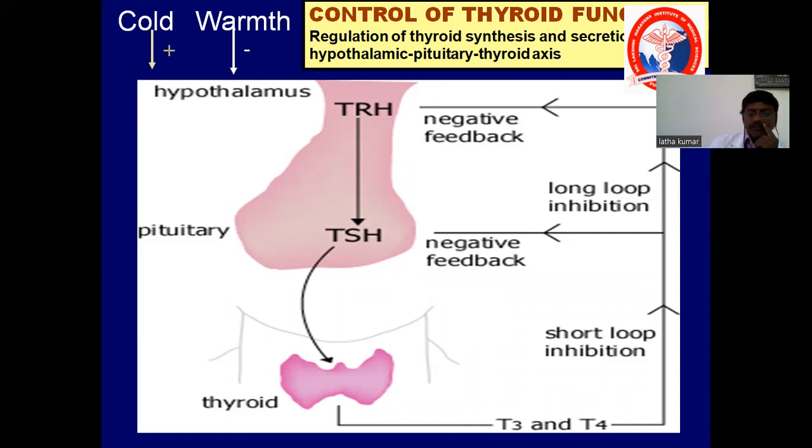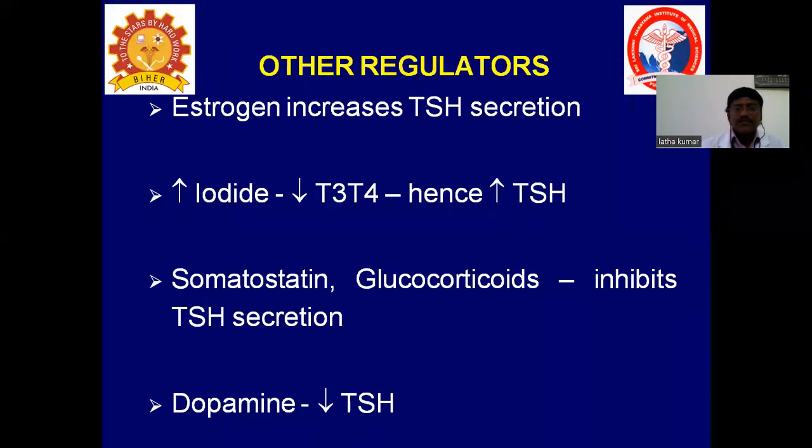So positively by the cold and negatively by the warm. Negative feedback and positive feedback are both present in this. Stimulation is a short loop, while inhibition, short loop and long loop inhibition, is negative feedback.